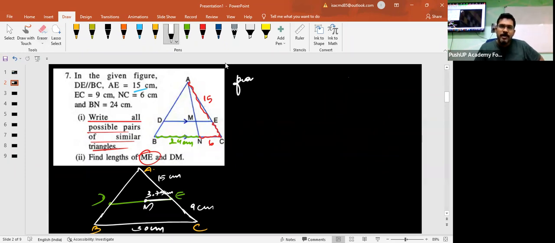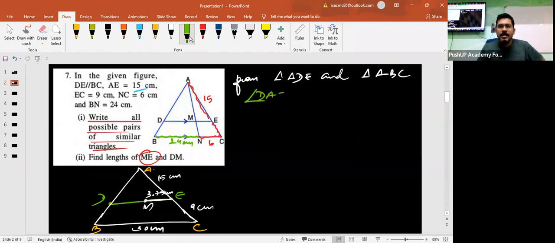So children, from triangle ADE and triangle ABC. Okay. ADE and ABC. What can I say? Angle DAE is equal to angle BAC. Right? Write the full name of the angle.